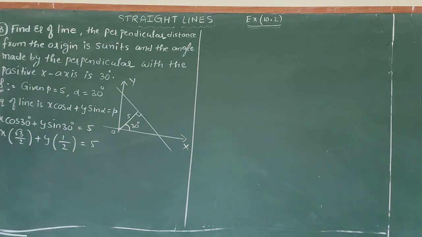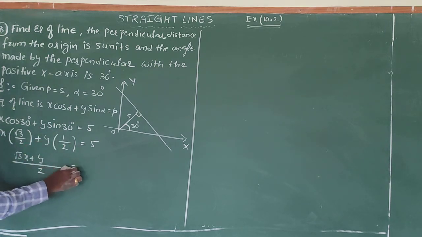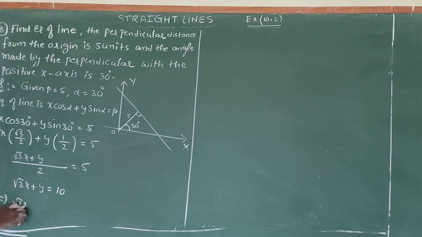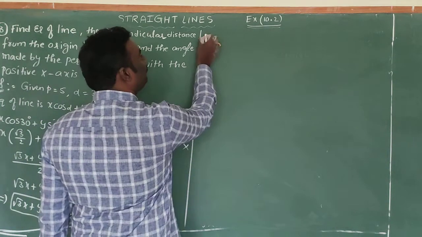If you take LCM, 2 is the LCM: root 3 x plus y is equal to 5 into 2. Cross multiply, 2 fives are 10. Therefore root 3 x plus y is equal to 10. This 10 comes to this side, it becomes minus 10. Therefore the answer is root 3 x plus y minus 10 is equal to 0. This is the required equation of the straight line.